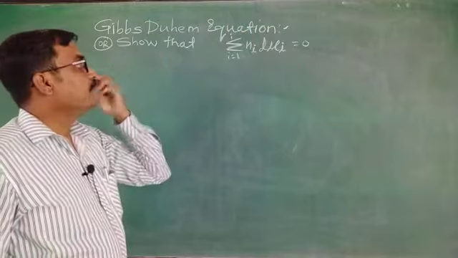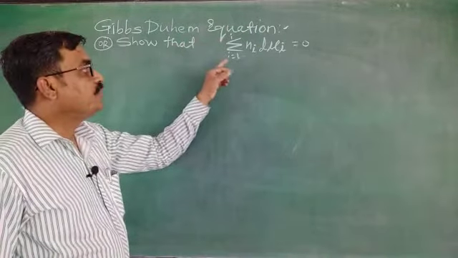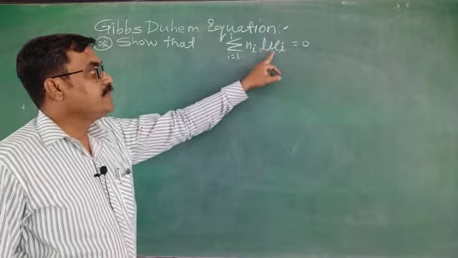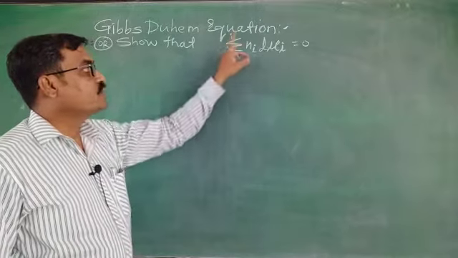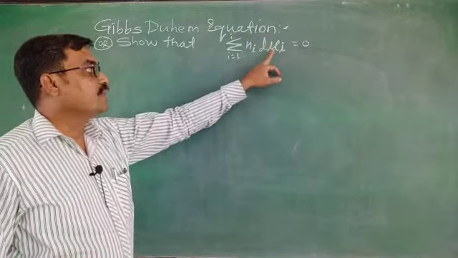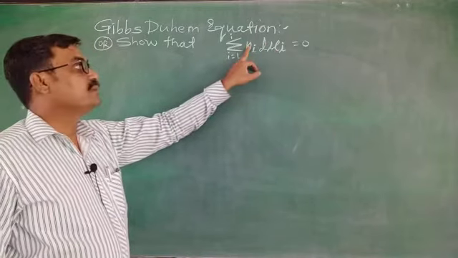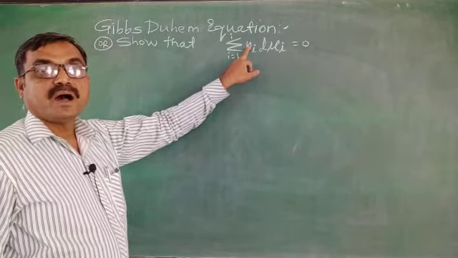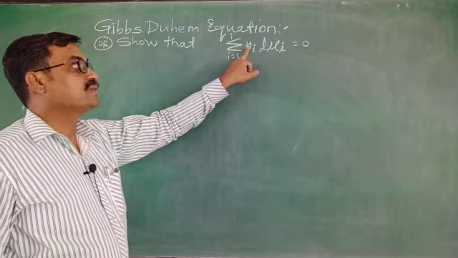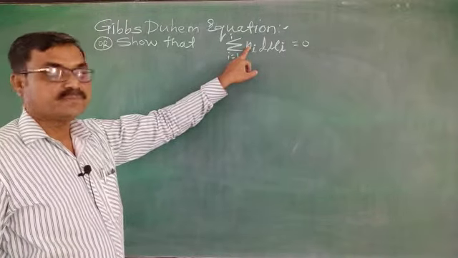It means the summation of Ni d mu i, i equals 1 to I, is zero, where mu is the chemical potential and Ni is the number of moles of the ith component in the system.